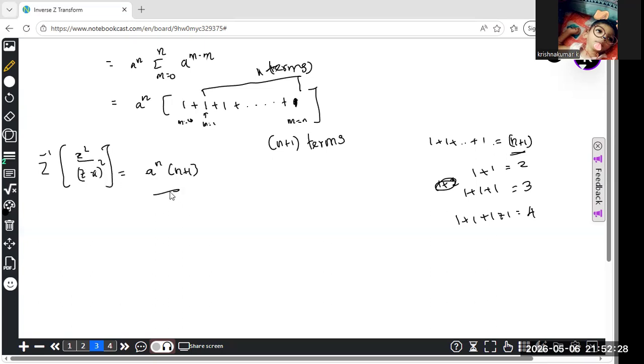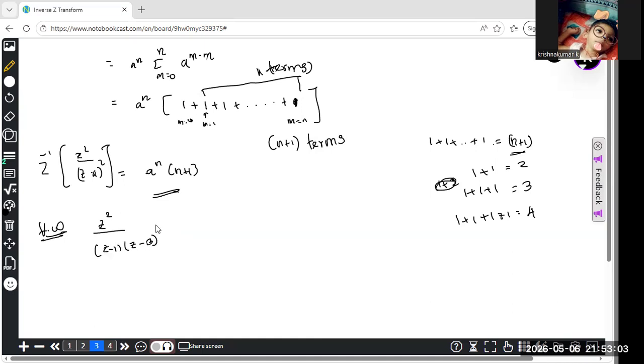That's it. So these are all problems for the convolution theorem. I will give two homework problems, just try to solve these things at home. The first one is, find the inverse transform of Z square divided by Z minus 1 into Z minus 3.